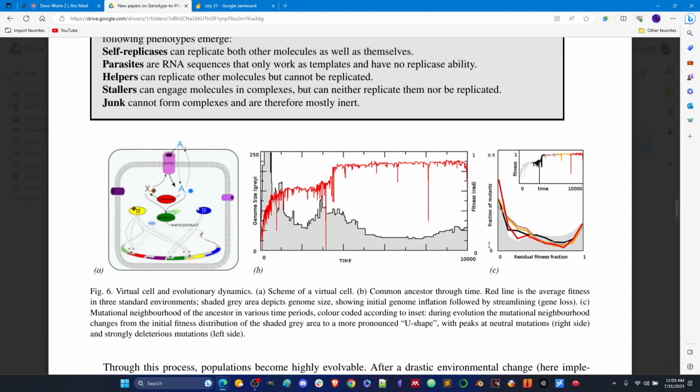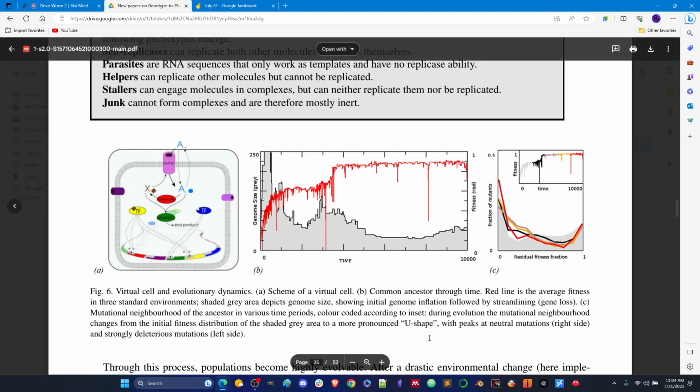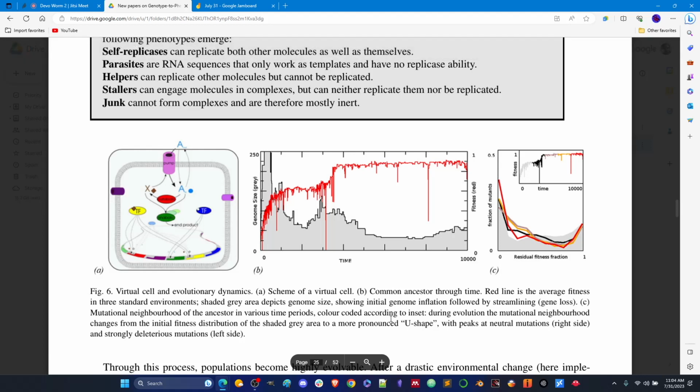So maybe what's happening is that you have a lot of genes encoding for a lot of different components in the virtual cell, and then those get reduced as it becomes more efficient. There may be shared genes that are expressed in different ways. That's just my interpretation of the graph. I'm not really sure what's going on there, but we can see a comparison between fitness and genome size. Fitness is fairly low for a large genome, but it increases as the genome shrinks in size and finds a stable equilibrium.